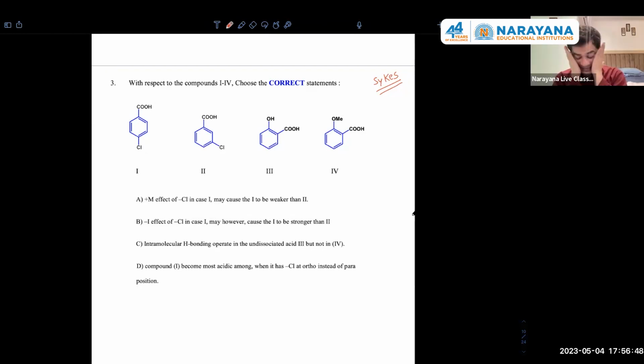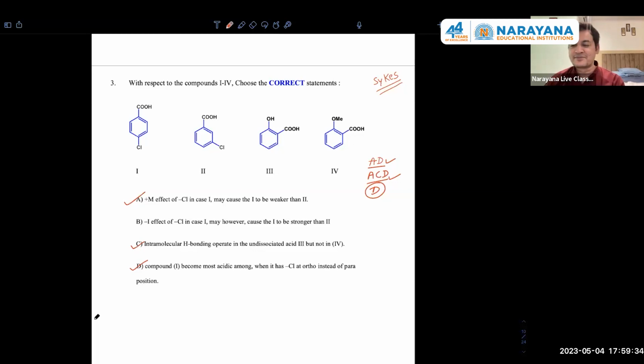When the question is easy, they always play with the options. In the JEE Advanced organic part, they never ask unnecessary out-of-the-box questions. They play games with the options most of the time. So again, I'm telling you, the answer is A, C, D only. This is the absolute answer.